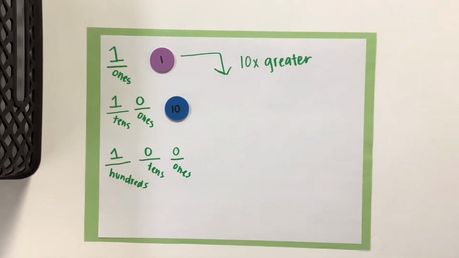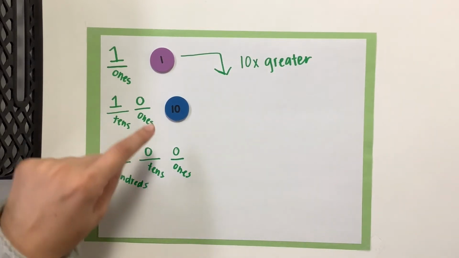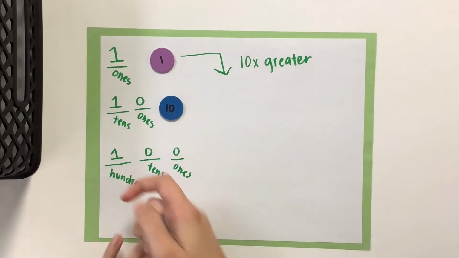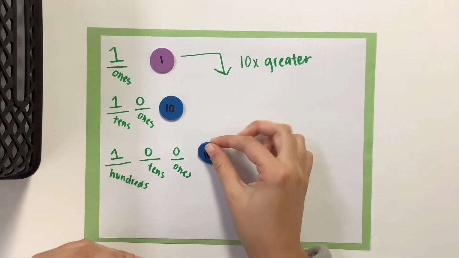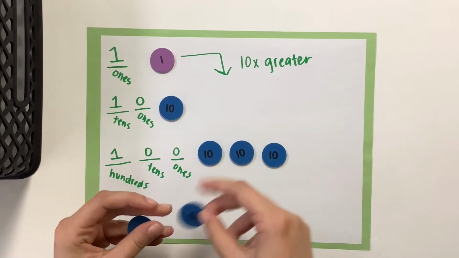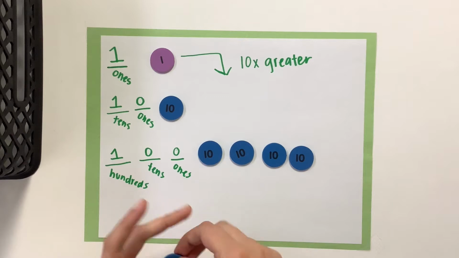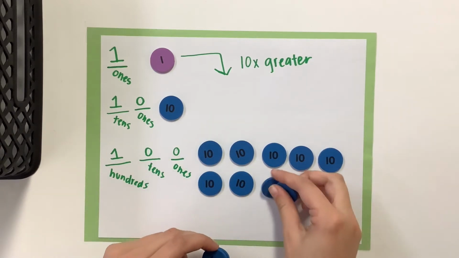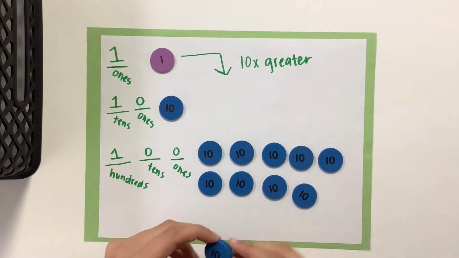Okay, so now in order to move this little 10 to make 100, I would have to do 10, 20, 30, 40, 50, 60, 70, 80, 90, 100.